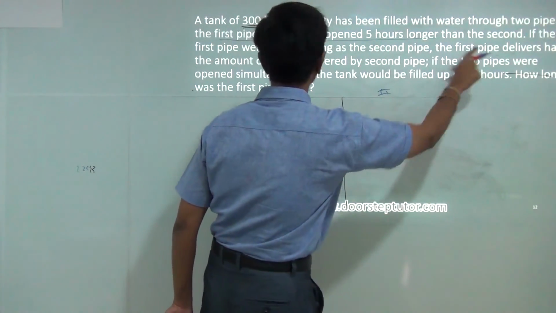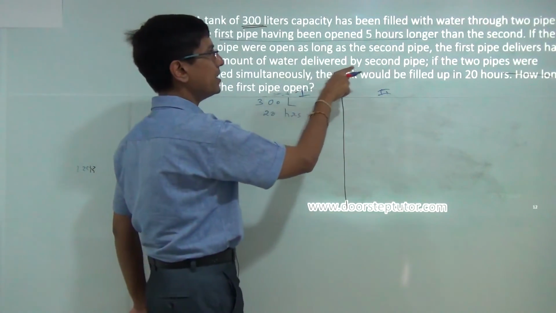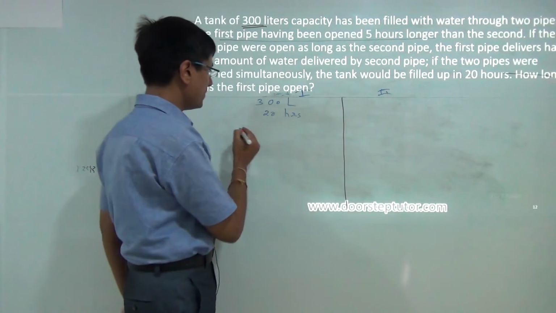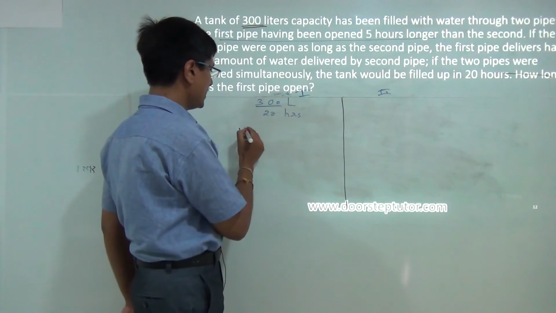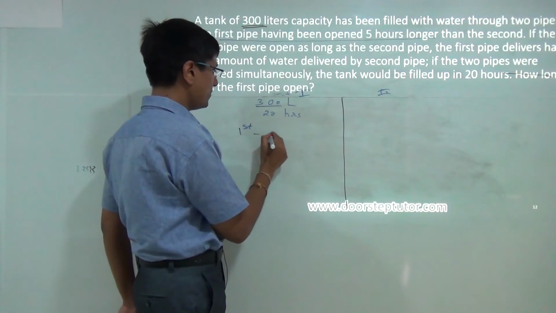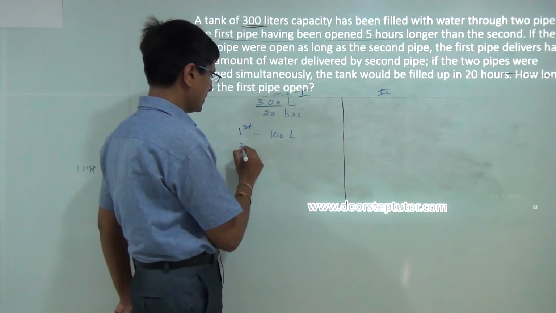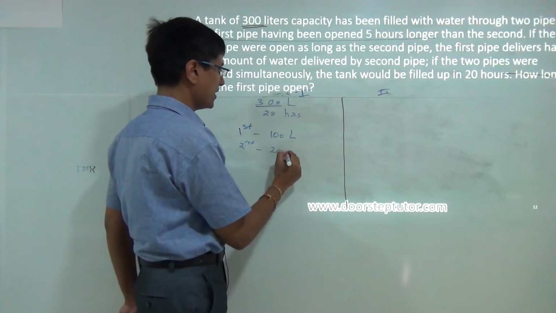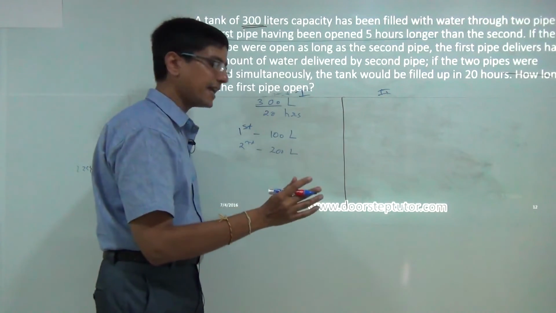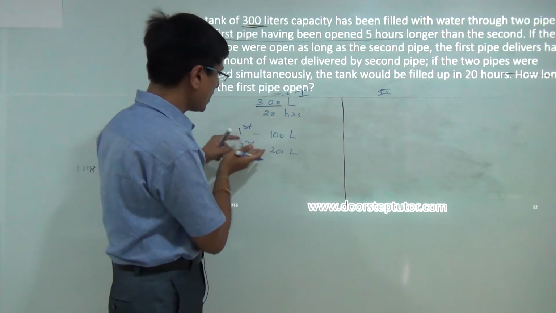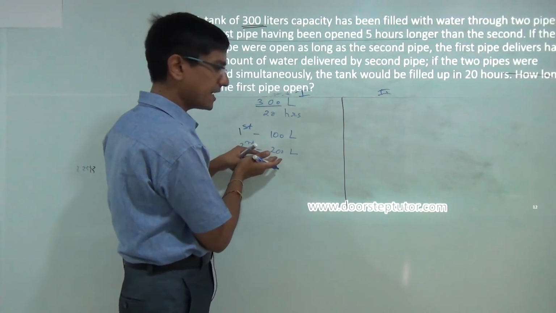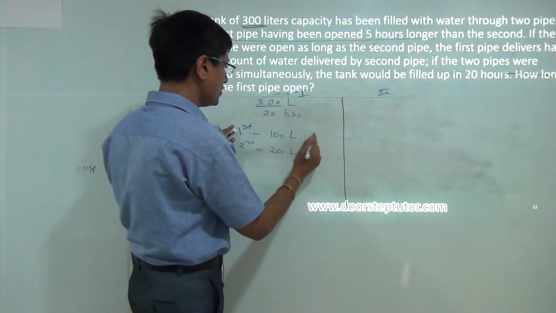Here, the first pipe delivers half the amount of water delivered by the second pipe. So out of this 300 liters, the first pipe delivers 100 liters and the second pipe delivers 200 liters. So what is the rate of the first pipe?